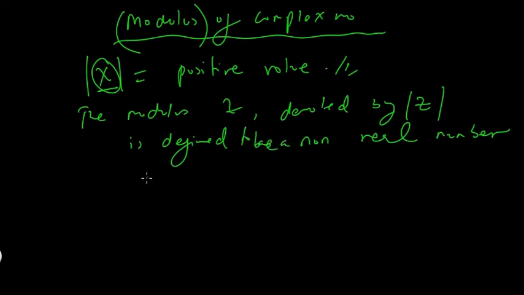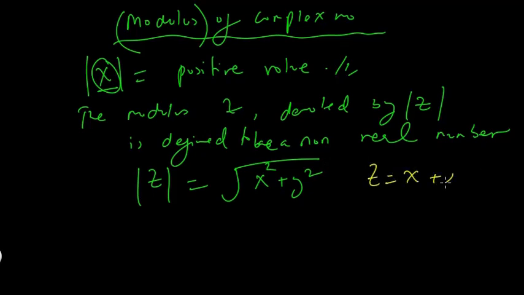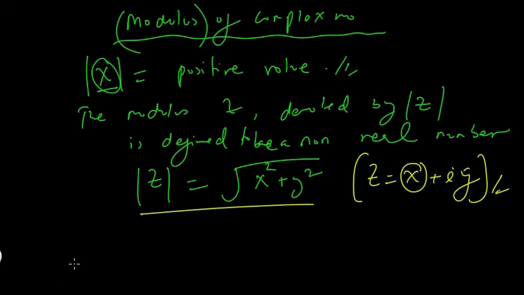This is mod of z, which is equal to under root x square plus y square. Why? Because we have assumed that z is equal to x plus iota y, which is a complex number. So the modulus will be, of course, under root of x square plus y square. So this is modulus.